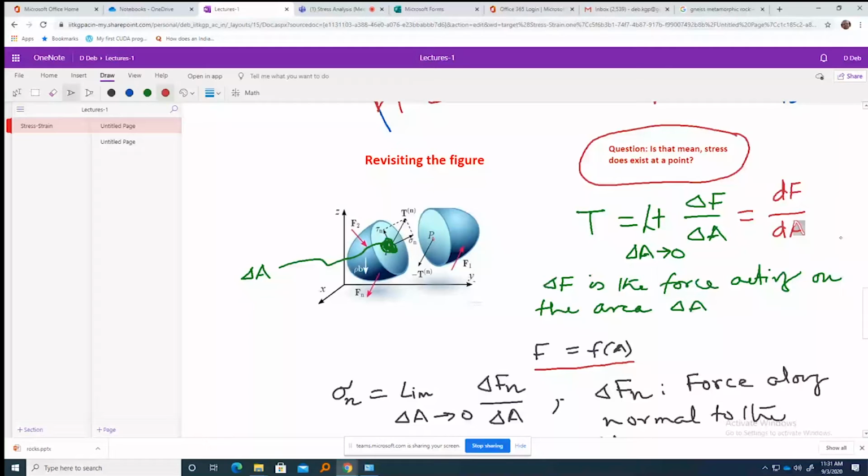Now, this nail will go inside the wall because of the force or because of the stress? Or maybe both. Do you get my question?